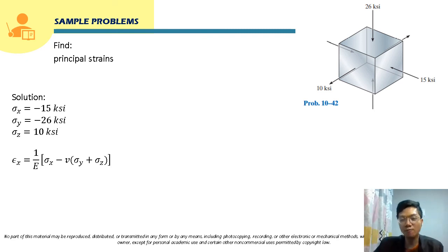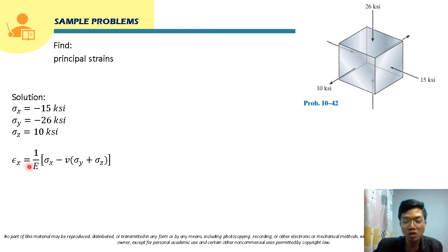The formula for the strain in the x-axis that we derived in our discussion for triaxial loading is already the total strain in the x direction, due to the stresses in the x, y, and z directions. We are just going to substitute the values here.